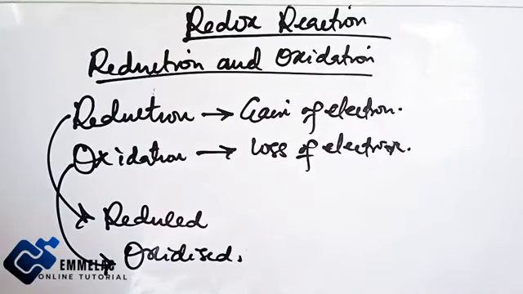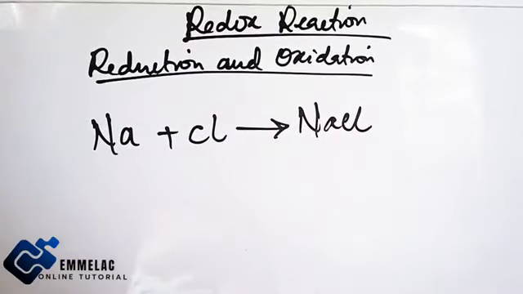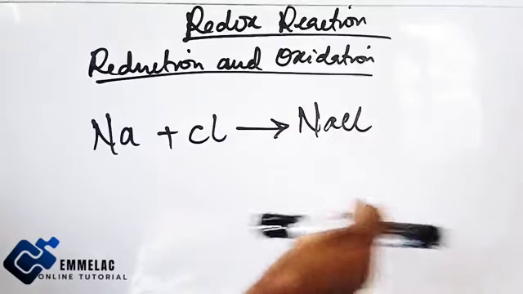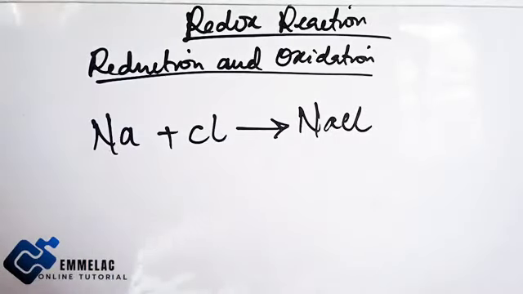All right, now let's get started properly with a chemical reaction to explain further what reduction and oxidation is. Looking at this chemical equation on the board, here we have sodium combining with chlorine to give sodium chloride. This is a proper illustration of a redox reaction.